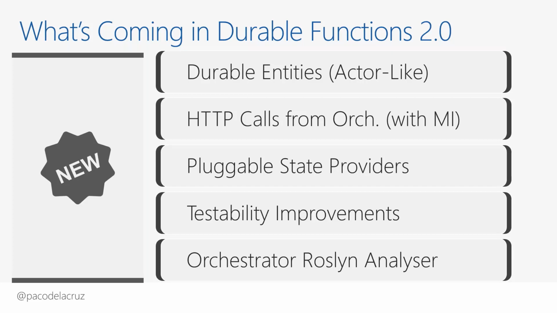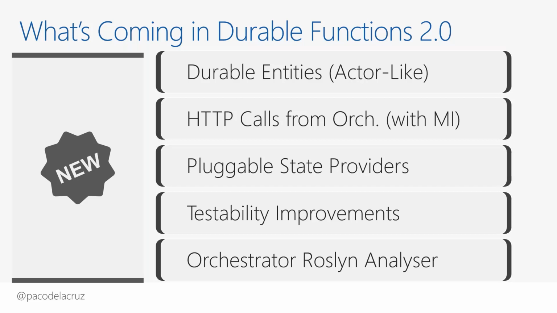They will also provide the ability to have HTTP calls from your workflows, from your orchestration function, and you will be able to use managed identity. So for example, if you're accessing a resource that is protected using Active Directory, you would be able to use the identity assigned to your function to make that HTTP call.